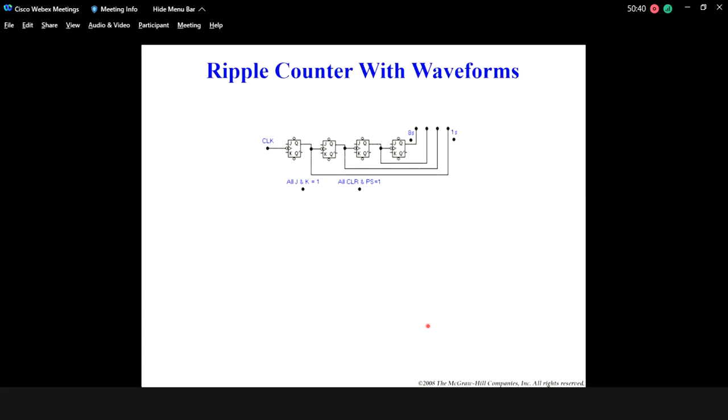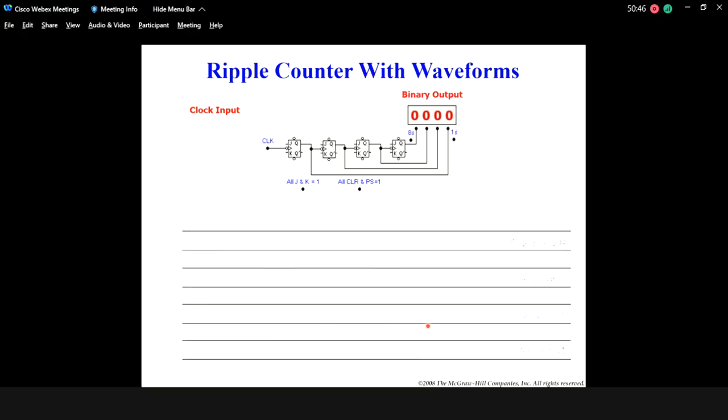Now, just now we only saw it in terms of pulse and arrow. Now we see how the ripple looks. So the first stop is the clock input. We give the first pulse, and when the first pulse comes down, this is the Q. The first output Q here is increasing.